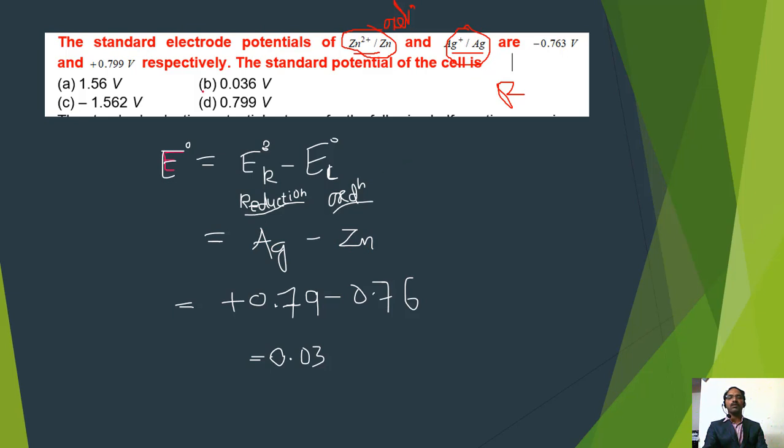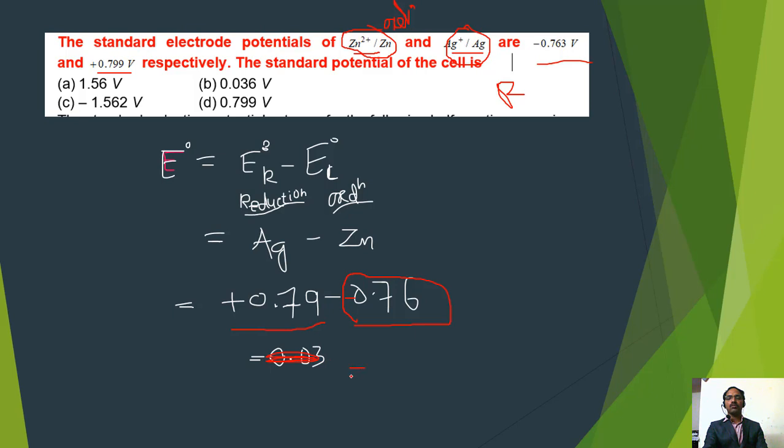The silver value is around 0.799, then the zinc value is minus 0.76. So, minus into minus becomes plus. So, this 0.03 is wrong.